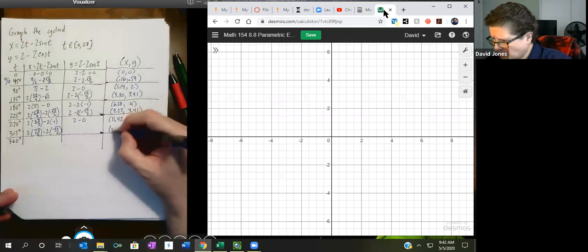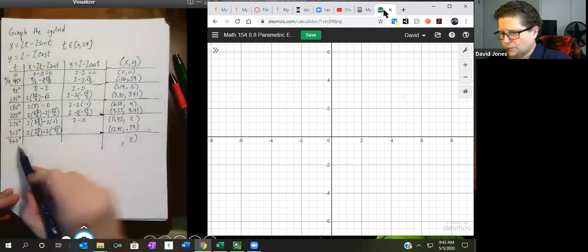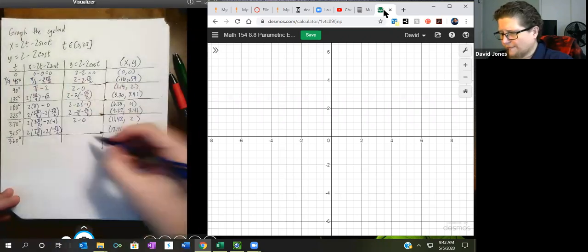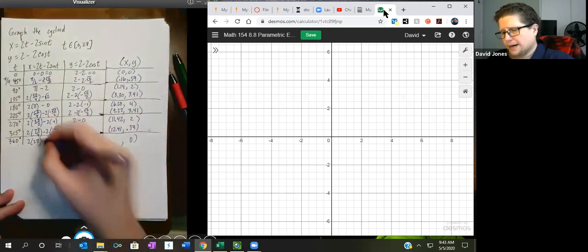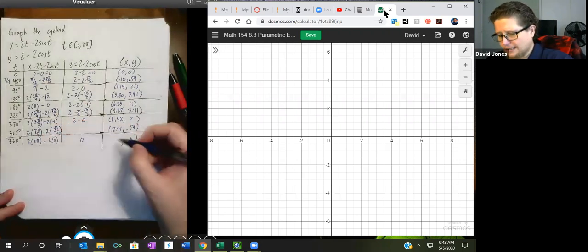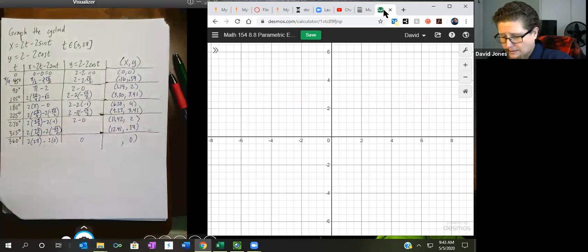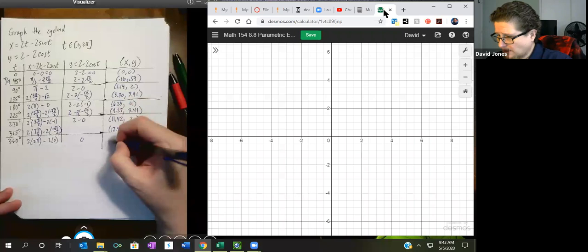And y is 1, or rather 0.59. And 360 is the same as 0. The y value hasn't changed, but the x now is 2 times 2 pi minus 2 times 0. This is 4 pi, which is 12.57.